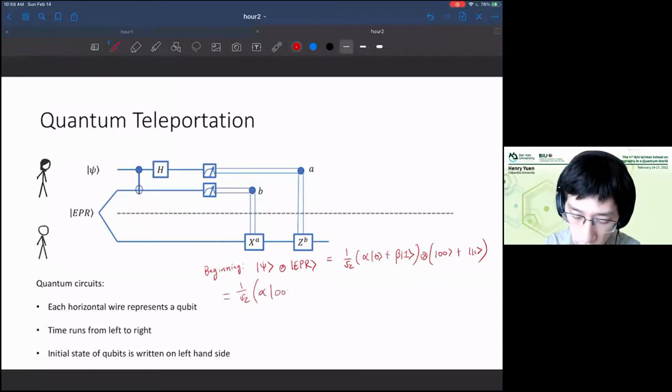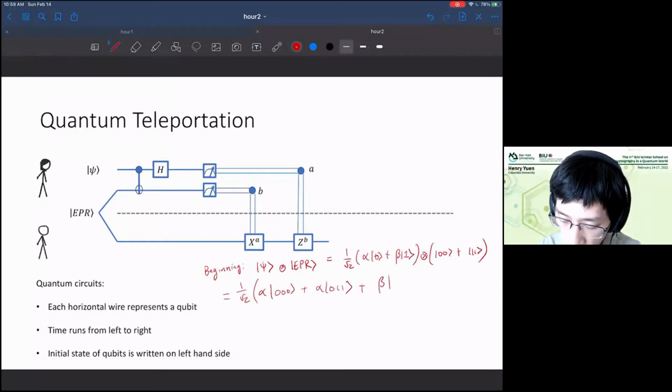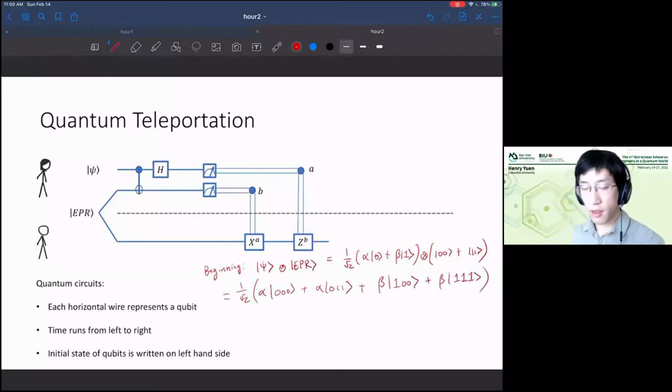We get alpha 0, 0, 0 plus alpha 0, 1, 1 plus beta 1, 0, 0 plus beta 1, 1, 1. Okay, so that's the state they have.